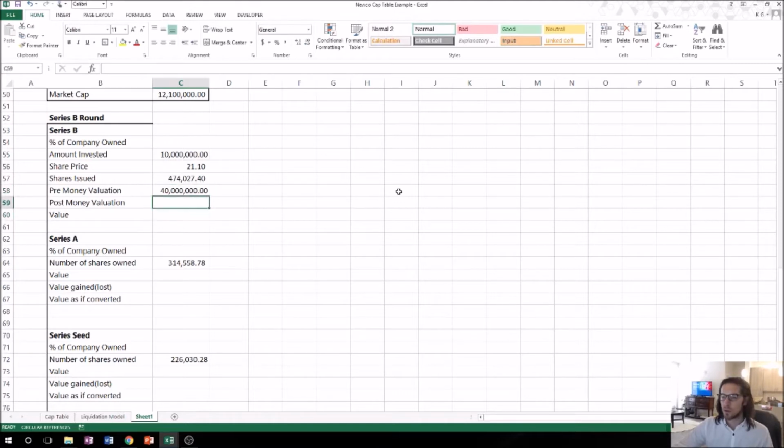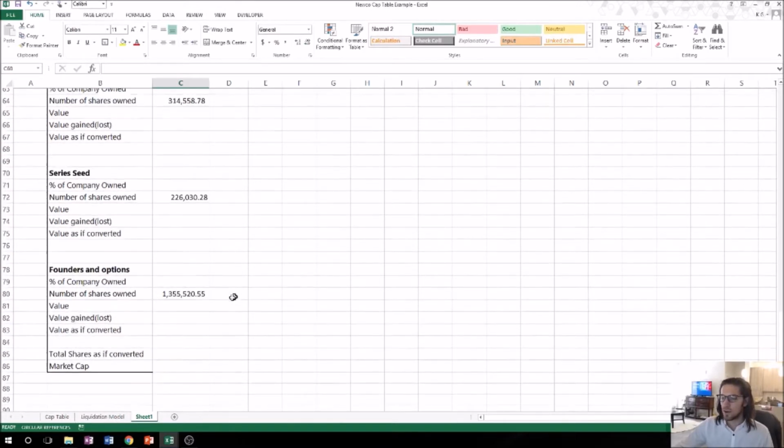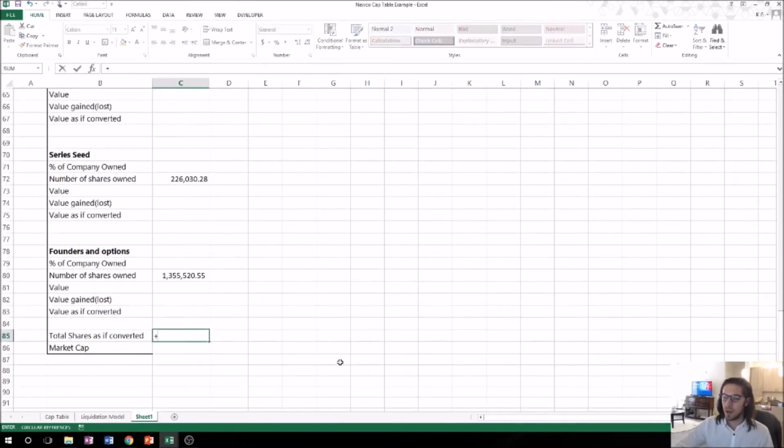After that, we're going to do post-money valuation, which is just the pre-money plus the amount invested. And then we're going to move on to total shares as if converted. So we're going to go all the way down to the bottom here and sum up all the shares that are now outstanding.